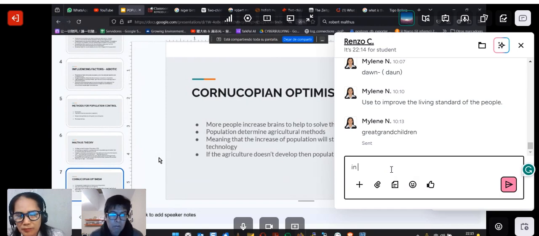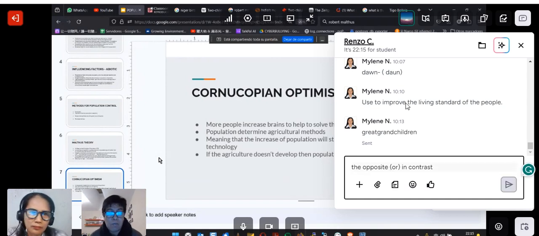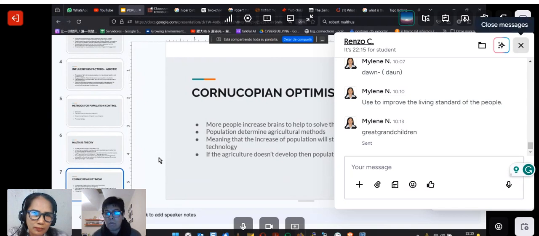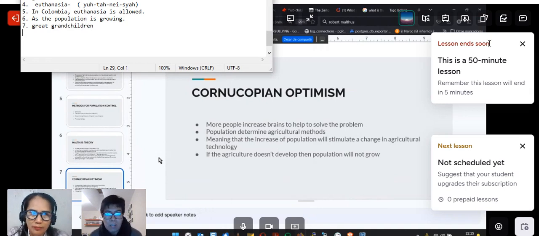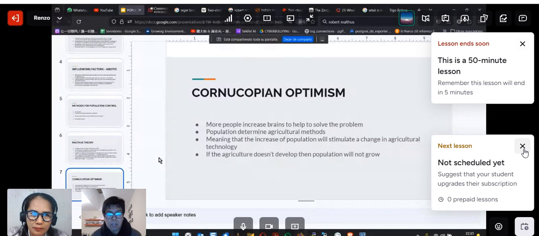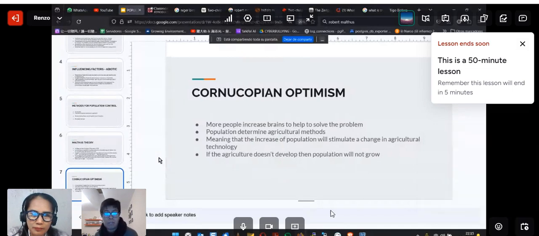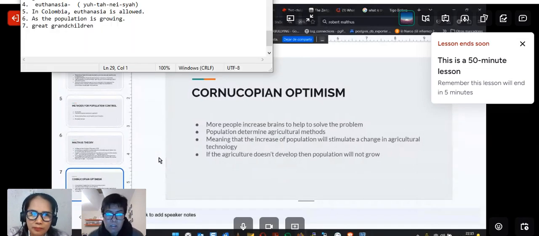So, for example, they see that if there is more population, that means that there will be more thinking people, or more brains to solve these problems. And basically their idea is opposite to what Robert Malthus taught about the crops.